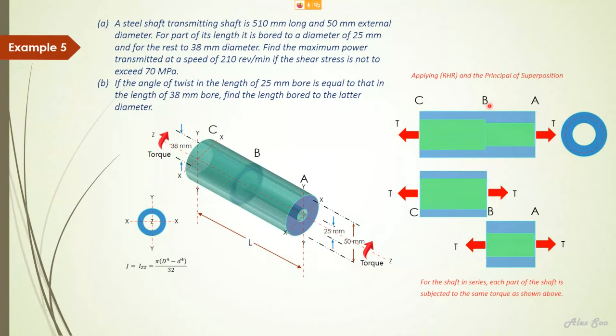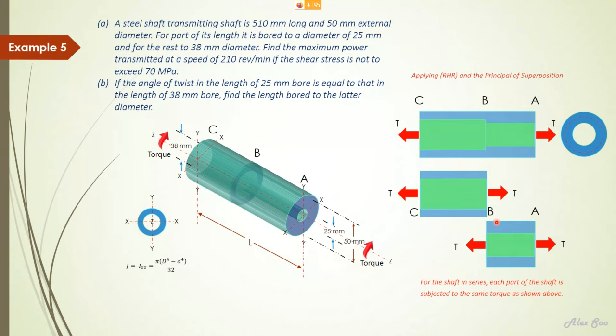And then when you consider section BA, if this part here, T is 0, so you have the T here in this direction. So you have to take another T in the opposite direction, so that this minus this will give you 0 here.